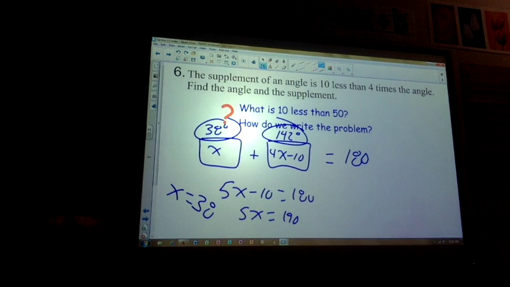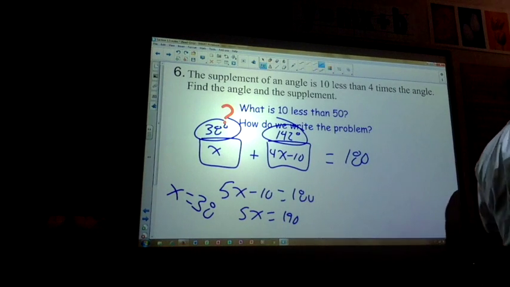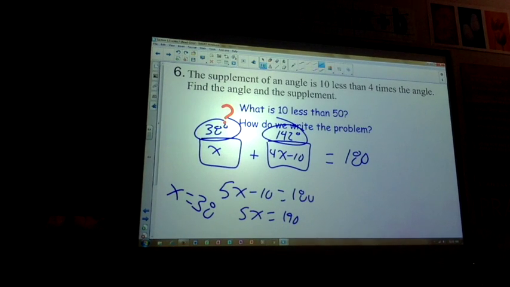They should add up to 180, which is what we wanted. Did I do it right? Yeah. Oh, minus. Okay.